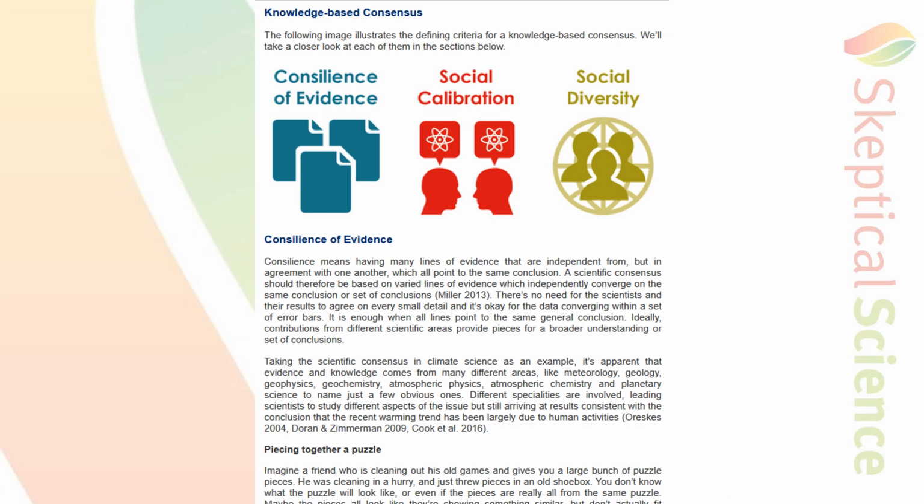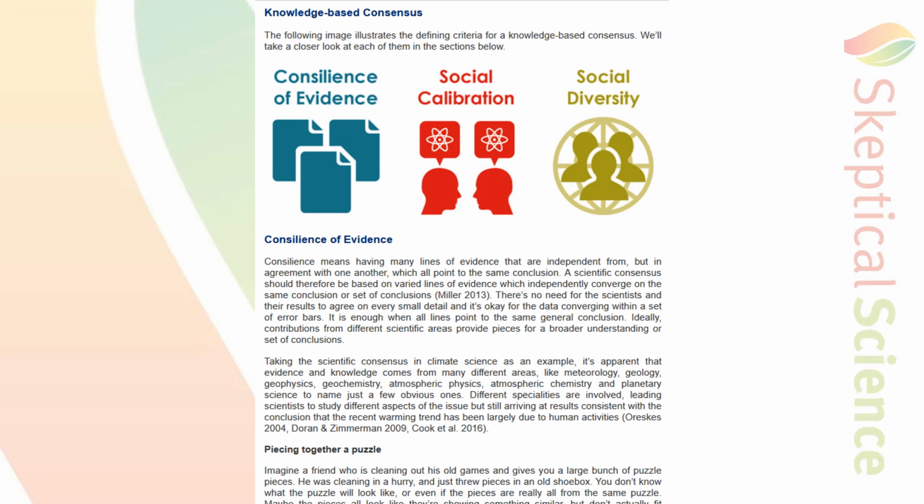Ideally, contributions from different scientific areas provide pieces for a broader understanding or set of conclusions. Taking the scientific consensus in climate science as an example, it's apparent that evidence and knowledge comes from many different areas, like meteorology, geology, geophysics, geochemistry, atmospheric physics, atmospheric chemistry, and planetary science, to name just a few obvious ones.